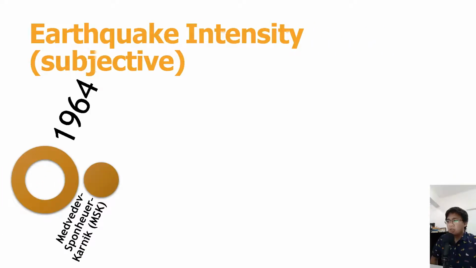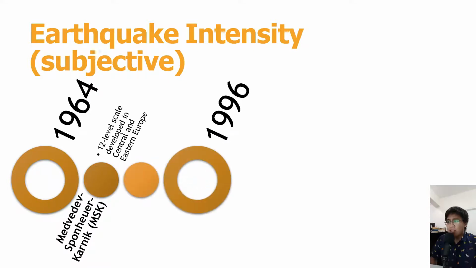Pero 1964, yung MSK na lang, hirap banggitin. So, MSK, it is a 12 scale naman. It was developed in Central and Eastern Europe. Then, 1996, the Shindo scale. Yung Shindo scale, actually, 1880s pa lang, noon pa yan ginagamit ng panahon ng mga Hapon.